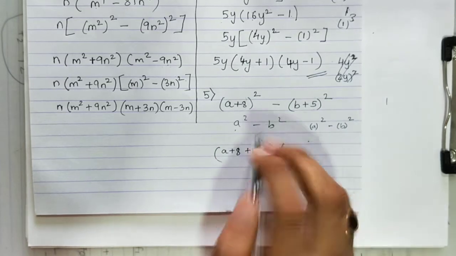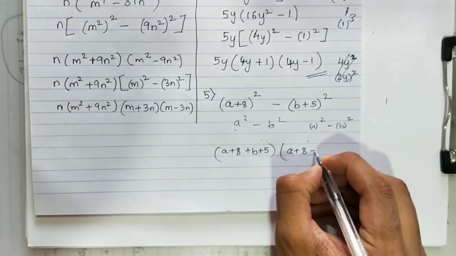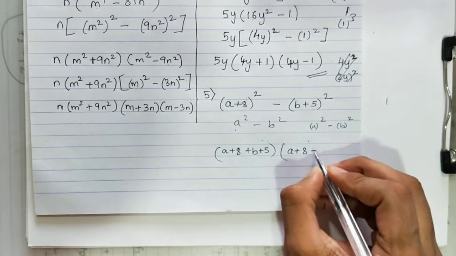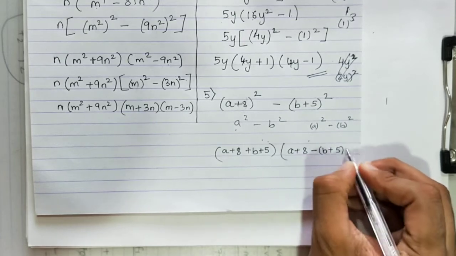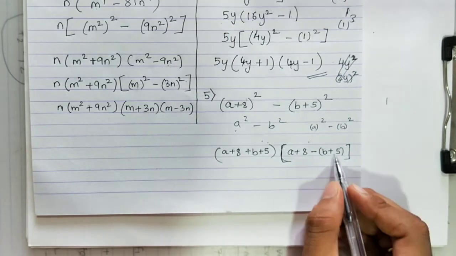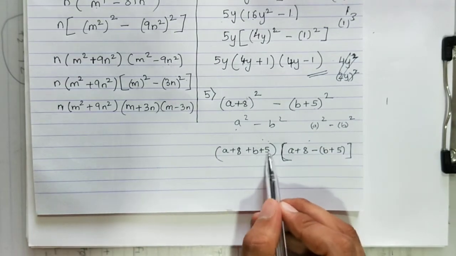And in the second one, I'll have a plus 8 minus b plus 5. But remember, there is a minus sign here. So this b plus 5 will come in bracket, because the sign will change.